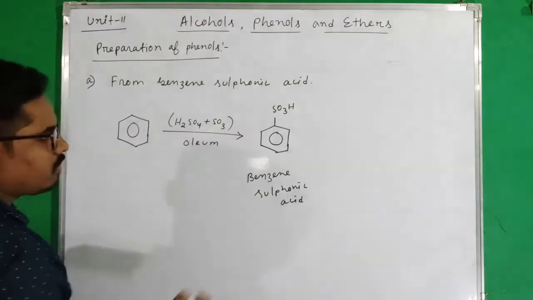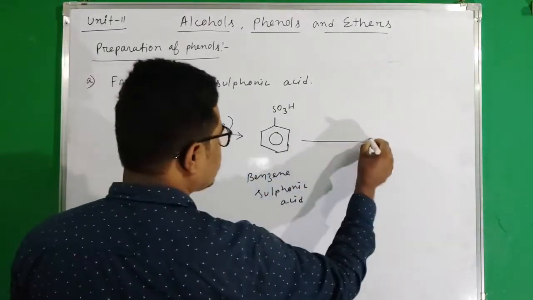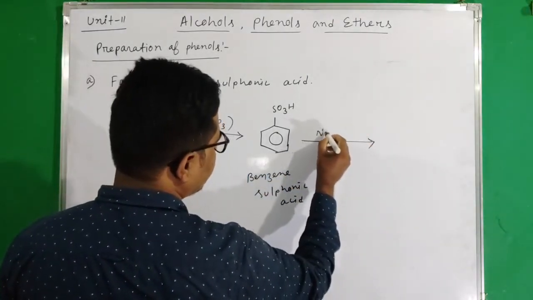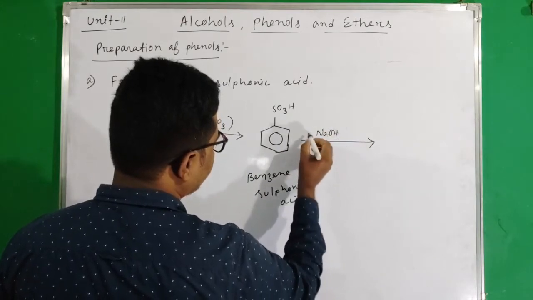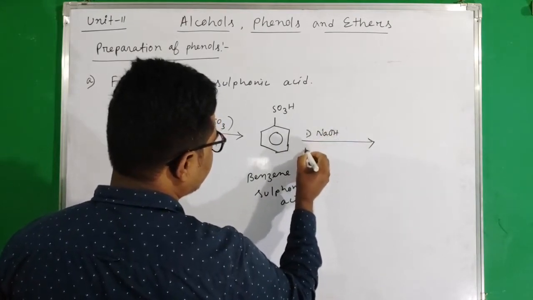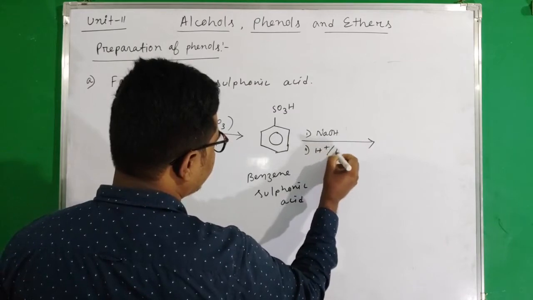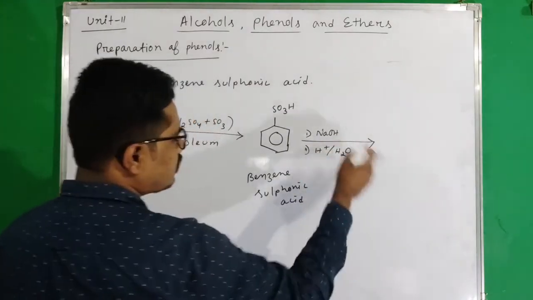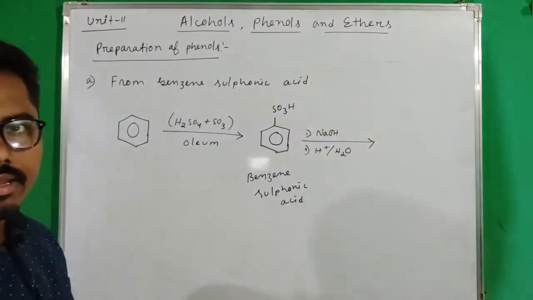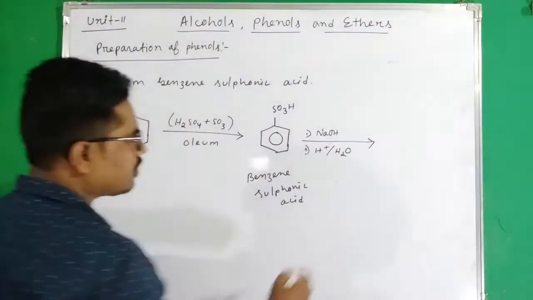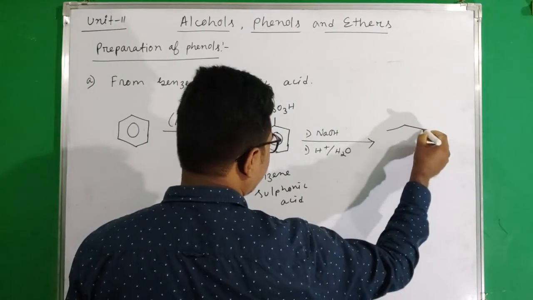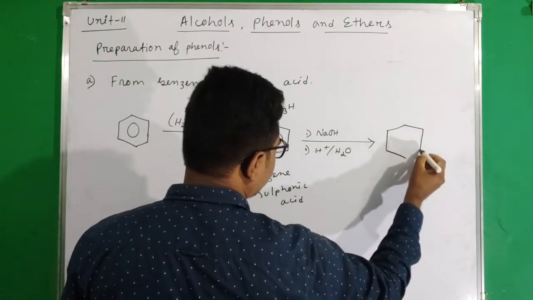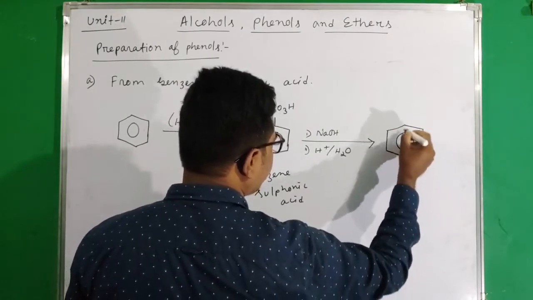And now when the benzene sulfonic acid is treated with sodium hydroxide, and after that acid hydrolysis, or after that when we add an acid, then the benzene sulfonic acid is converted into phenol.